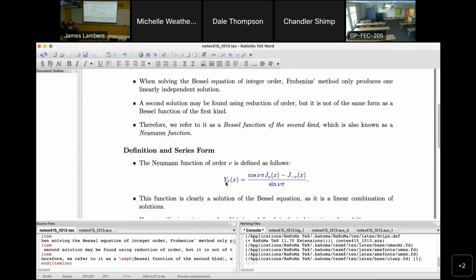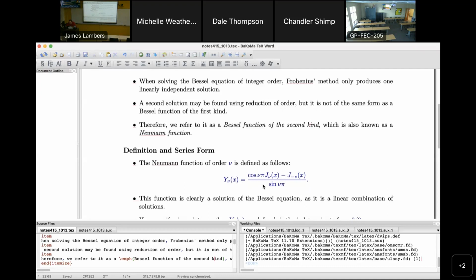Now, in the non-integer order case, this is well defined. We can just go ahead and use this formula, and that's it. Really, what we're doing is taking a linear combination of two solutions that are already linearly independent. So a linearly independent set of solutions would be, instead of using J nu and J minus nu, you can use J nu and Y nu, because those are still linearly independent in the non-integer case.